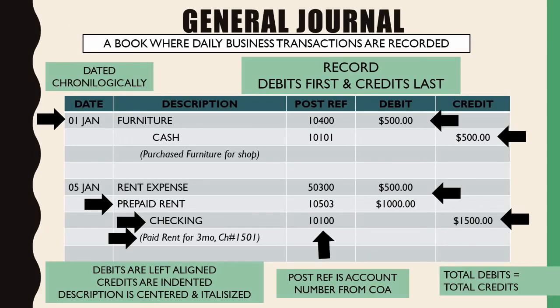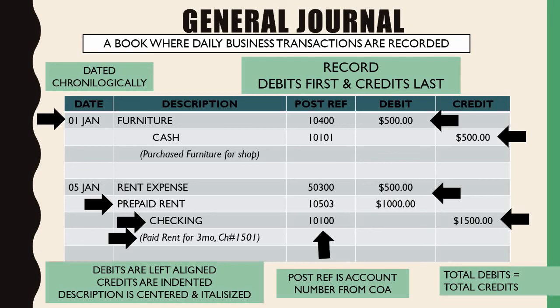Right. So now we are finally being able to look at a general journal. Now, what is a general journal? This is going to be a book or a journal, right, that allows you to record any business transaction that happens. Okay? So it's a place to record your transactions.